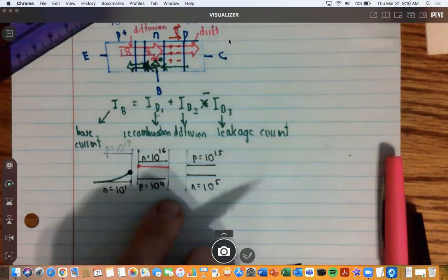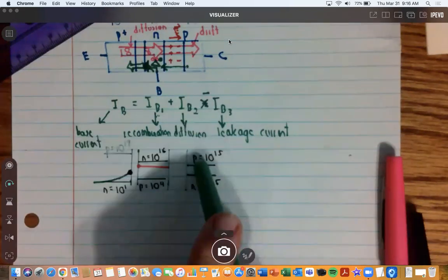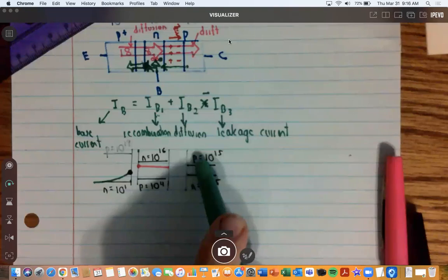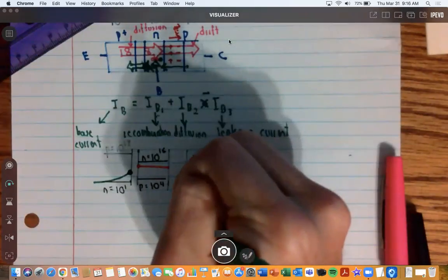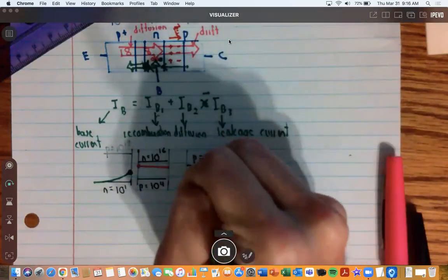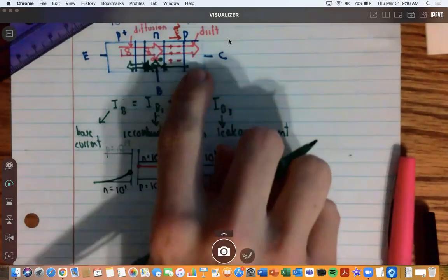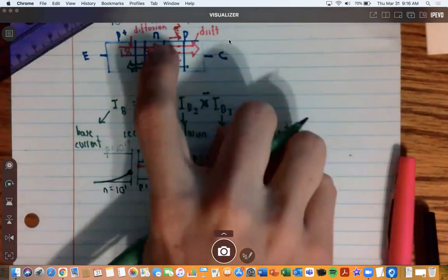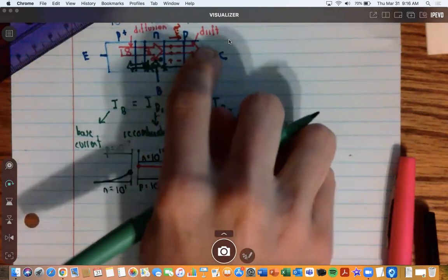What we're going to see is that if a lot of these holes are able to make it over to the right-hand side, there's going to be a lot fewer electrons in the collector. So that's why he wrote it down here. He said something like 10 to the negative 2, because there's a lot fewer electrons in comparison to holes if a lot of holes are able to make their way over into this P region in the collector.